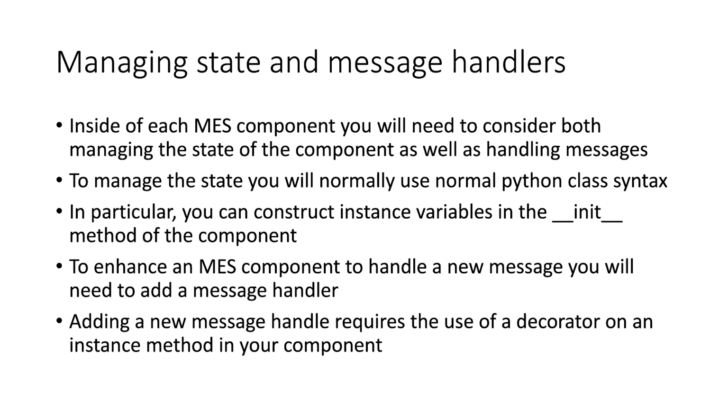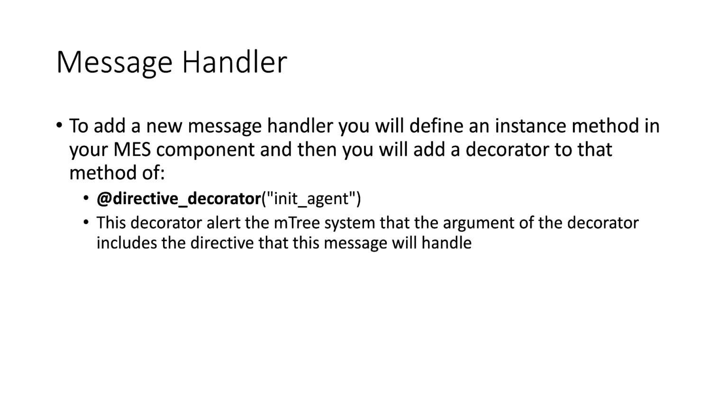And so in that case, what you'll need to do is add a message handler. What you'll actually be doing there is using a decorator on an instance method in the component that you want to be able to receive a new message. To add a new message handler to a component, you'll define an instance method just like you would in a normal piece of Python code, and then you'll add a decorator to that method, the at directive decorator, and it'll have an argument, which is the directive that that method will handle.